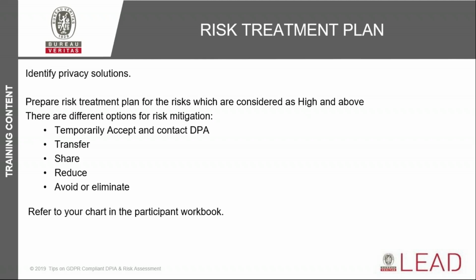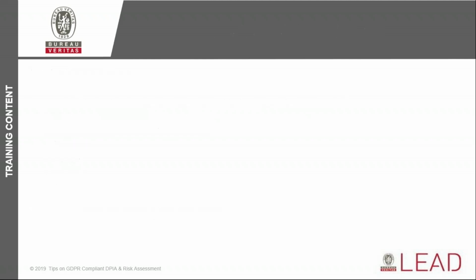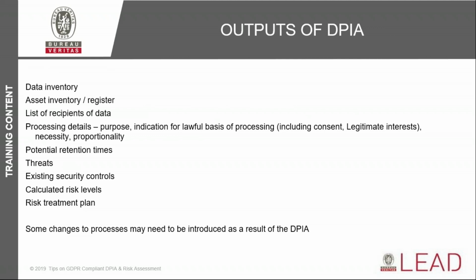You can transfer it to a third party, to an insurance company, for example, or to a big organization, a consultancy organization that you're working with. You can share it, if you like, through some agreements, through some contracts, or you can implement controls and you can reduce the level of risk, or you can completely avoid or eliminate the risk, in many cases by stopping that processing activity at all. So whatever you do, it needs to be justifiable anyway.